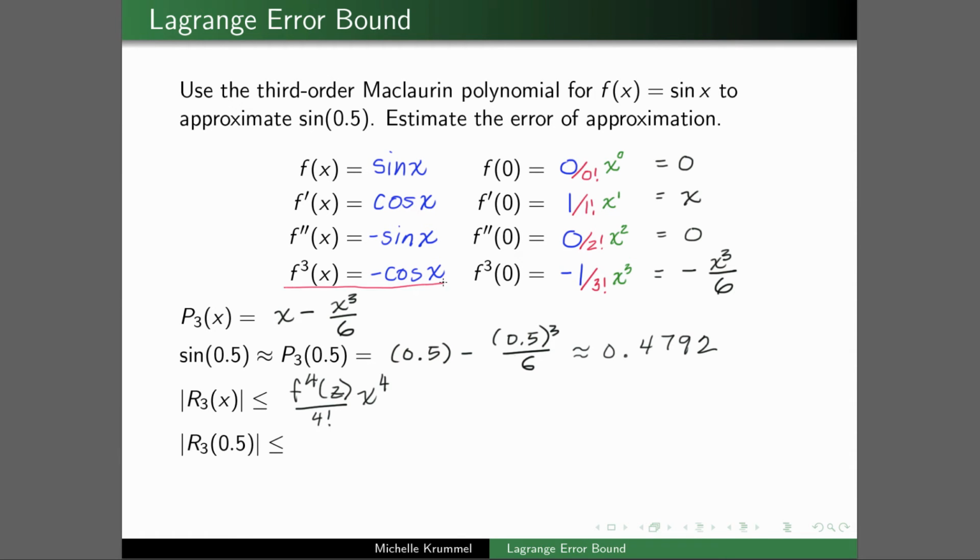Because my third derivative is equal to negative cosine x, my fourth derivative is sine of x. So I'm going to replace the fourth derivative at z with the sine of z. We're going to divide that by 4 factorial and multiply by x to the power 4. Let's look at the Lagrange error bound again.